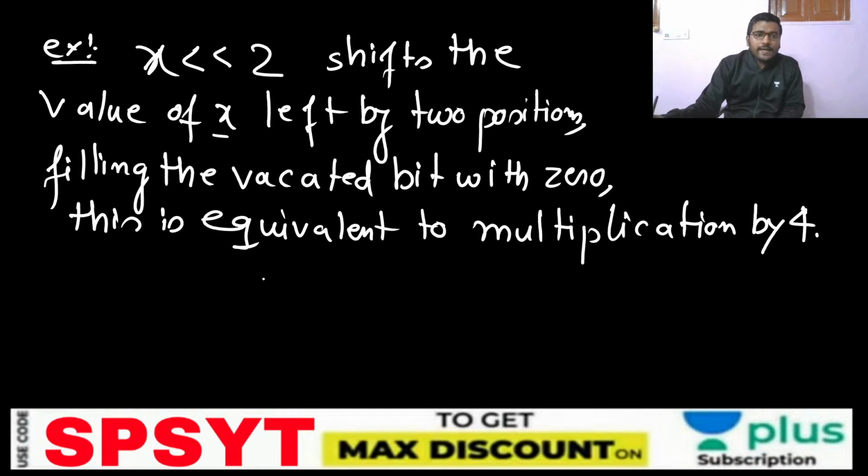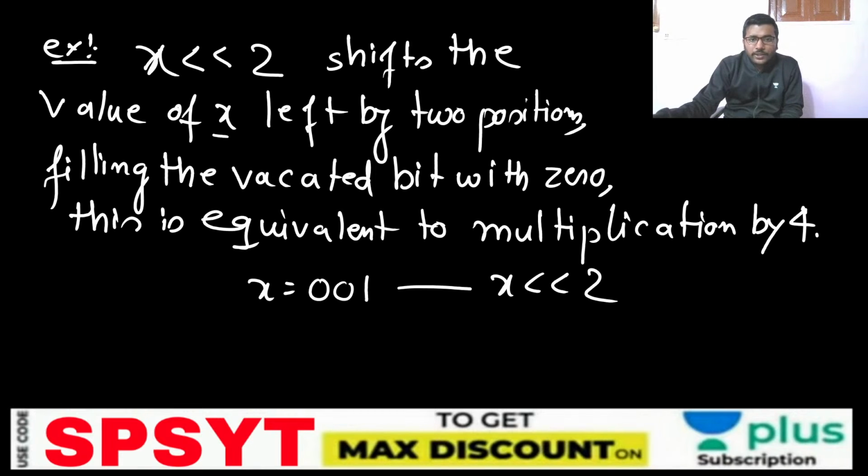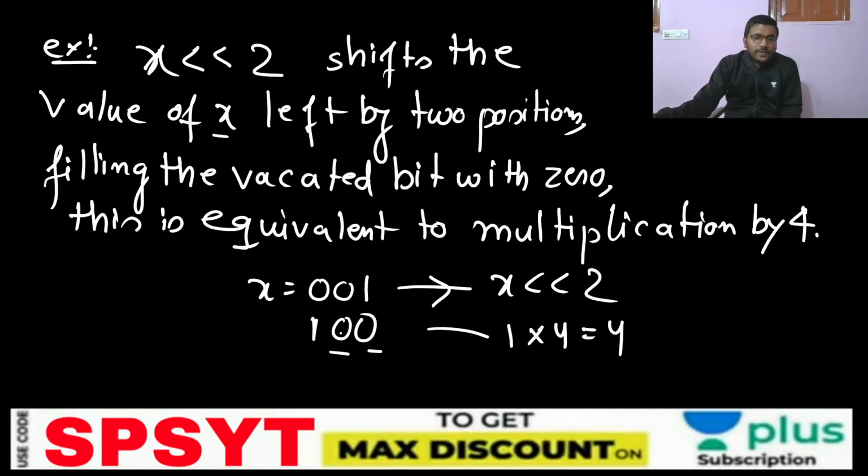Like if x is 1 and you are doing x left shift 2, you can write 1 as 0 0 1 in bits. Now when you perform the 2 left shift, the vacated bits on the right are filled by 0. So it is like 1 into 4. If you do 2 left shift, it is multiplied by 4.